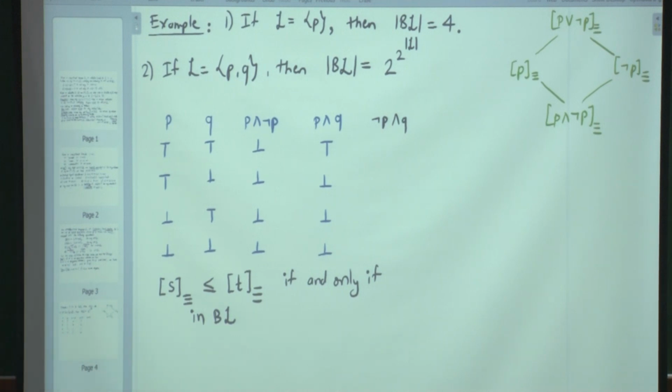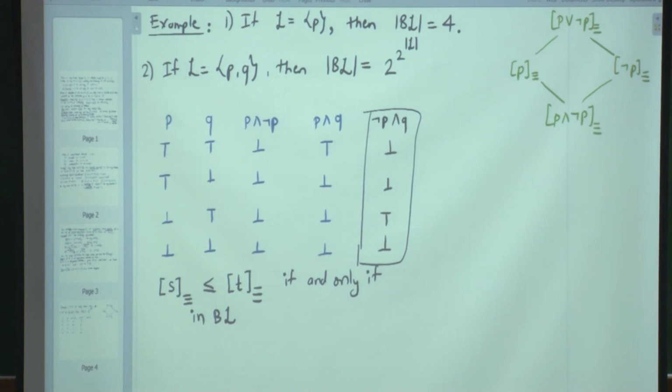Because I can have, see, this contains only negation P, so this one is T and the rest of them are false. Now this particular column contains exactly one true. Is this less equal the column for P?